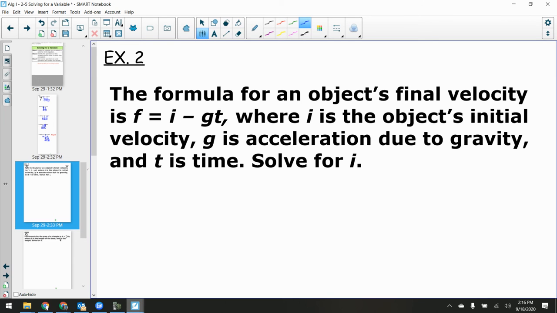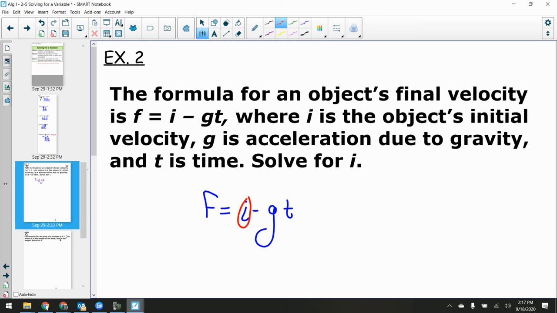The formula for an object's final velocity is F is equal to I minus GT, where I is the initial velocity, G is acceleration, and T is the time. For our purposes right now, do we really care what those mean? Not really. For our purposes, all I want to do is just solve for I.